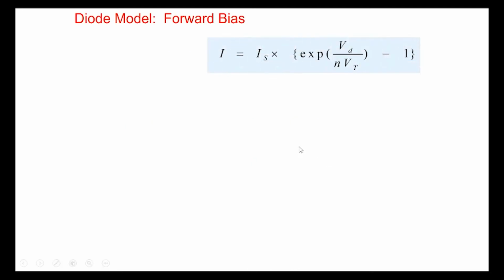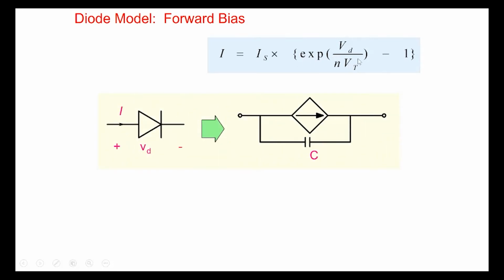So in the forward bias, we had said that the diode can be expressed in this form of expression: I equals Is exponent Vd by N Vt. N is the ideality factor. Vt is the thermal voltage, kT by q. And we can represent this expression as a voltage dependent current source here.